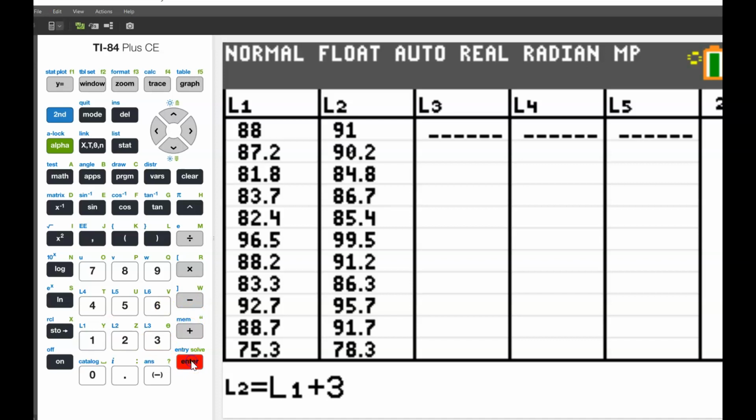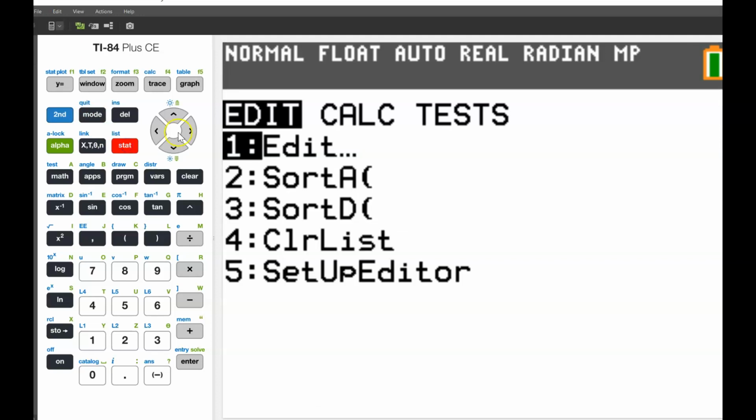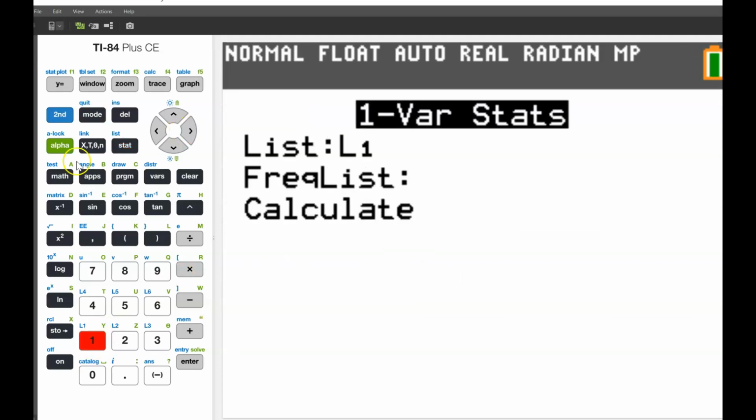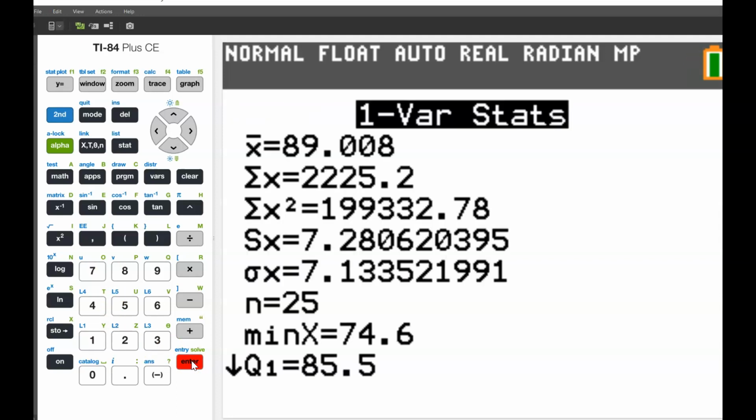And it will populate the list with list 1 plus 3. And then you can take a look at one variable stats now for list 2. So remember where that is: stat, over to calc, one variable stats is here. We're going to find one variable stats now for list 2 and take a look at the information there as compared to what you see on the first page.